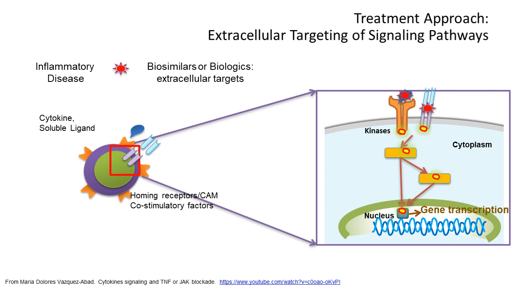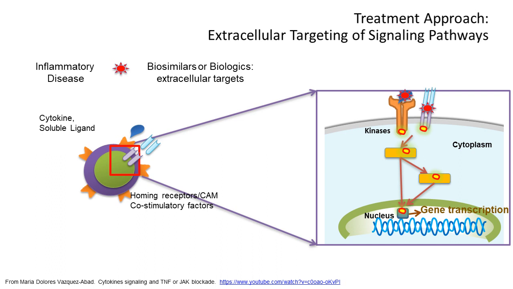If we think of a cytokine ligand like TNF, we can have an anti-TNF, so TNF is no longer free to bind the receptor. Or sometimes they can actually bind the receptor on the cell, and even if the cytokine is free in soluble form, the receptor is not available, is occupied, and is blocked.